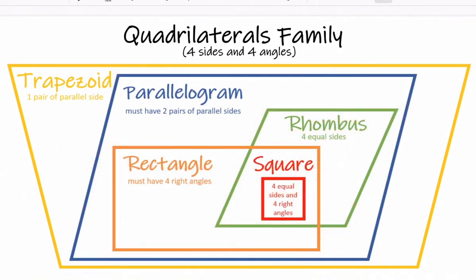And so, what makes a rhombus different from a rectangle is that a rectangle doesn't have to have four equal sides. It just needs to have four right angles. That's what makes it a rectangle. And then a rhombus just needs to have four equal sides.